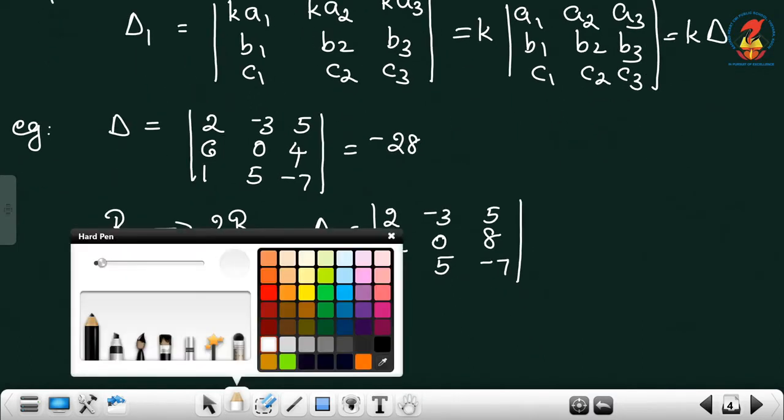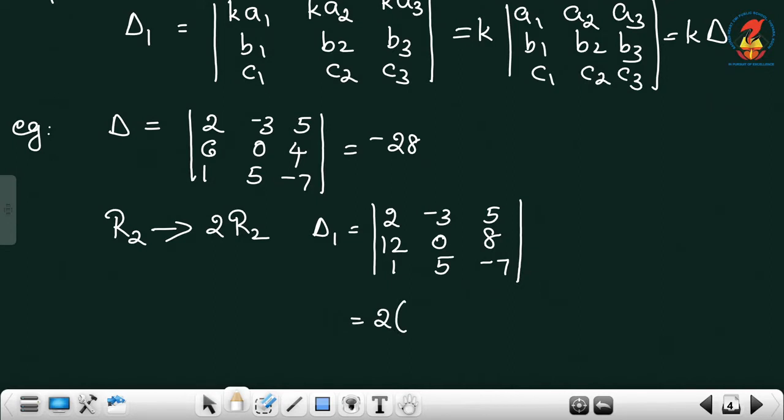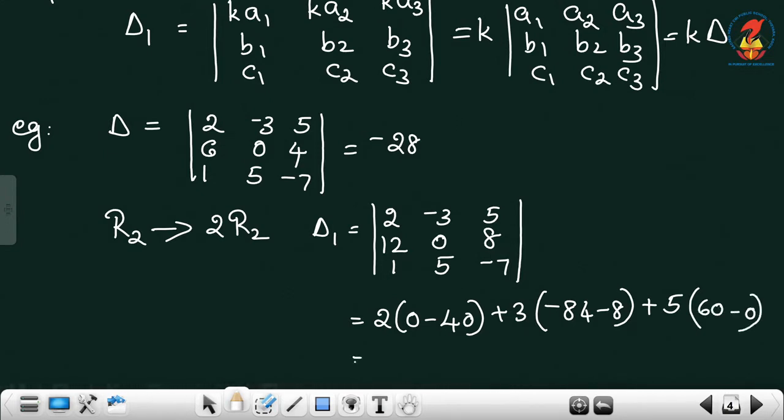Then what is the value of this? 2 into 0 minus 40, then plus 3 into 12 minus 7 minus 8, then plus 5 into 12 into 5, 60, 60 minus 0. So minus 80, then here minus 3 into minus 92, then plus 300.